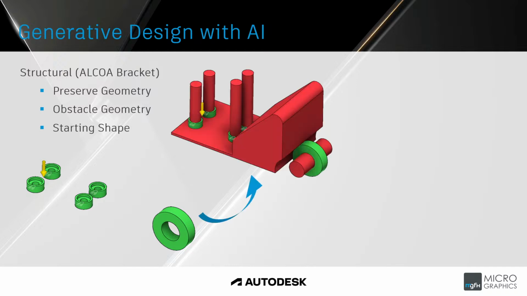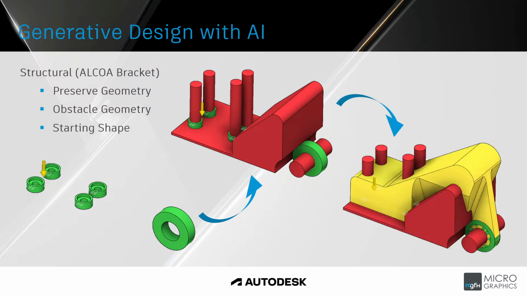Then to that, we add what we call obstacle geometry, areas where generative design should not create geometry. So we don't want anything there. That's areas to avoid. We need clearance for the bolts. We need clearance for other components. We can see the red shaft there. We need clearance for that shaft because that is a different component that will be supported.